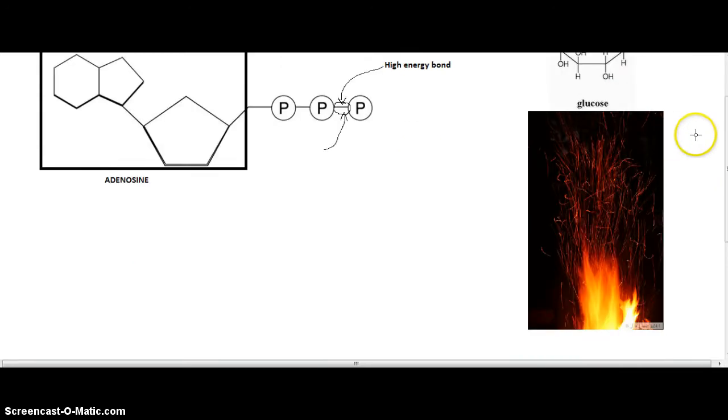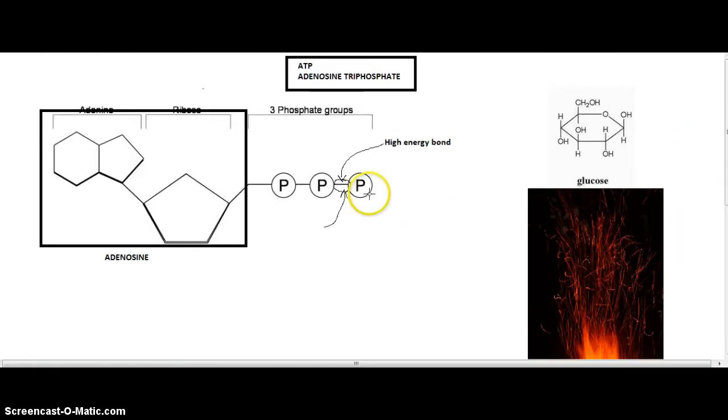Well, the glucose molecule contains a huge amount of energy. And where does that energy come from? That energy that you see in fire and the energy that is stored here in this high energy bond between the 2nd and 3rd phosphate, that energy comes from light. Photosynthesis takes light from the sun and squeezes it into a molecule, and then we can take that molecule and use it to make ATP.